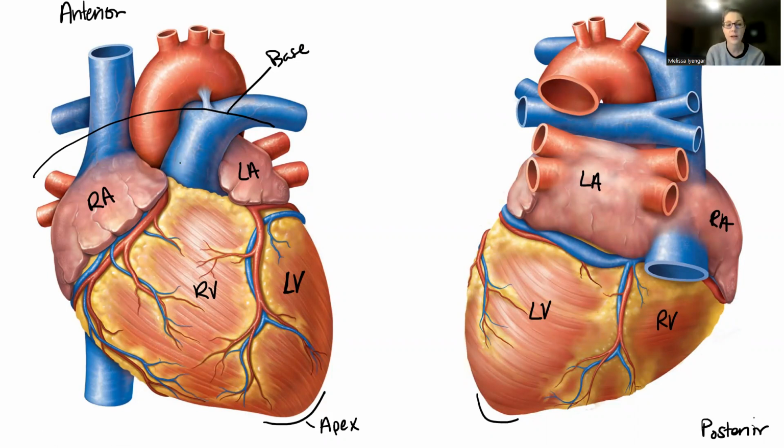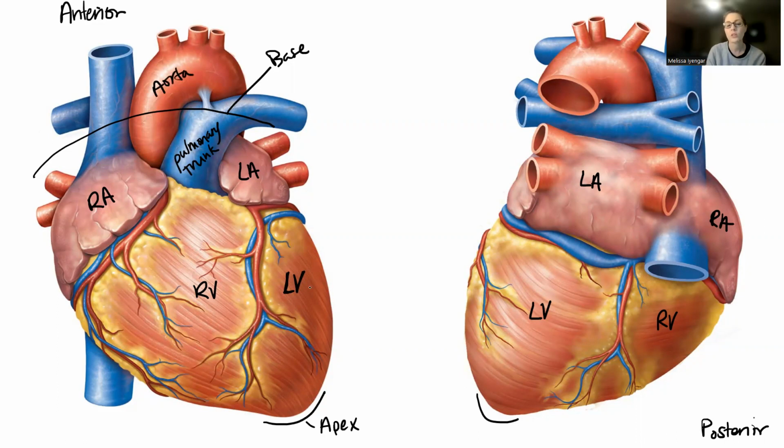On the front side, a big artery comes out attached to the right ventricle. This is the pulmonary trunk.